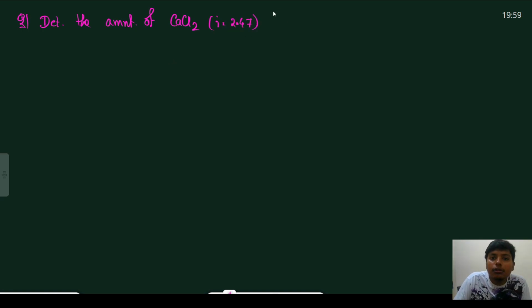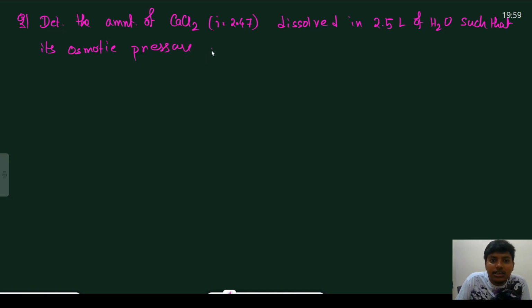The i value given is 2.47, dissolved in 2.5 liter of water such that its osmotic pressure is 0.75 atmosphere at 27 degrees Celsius.